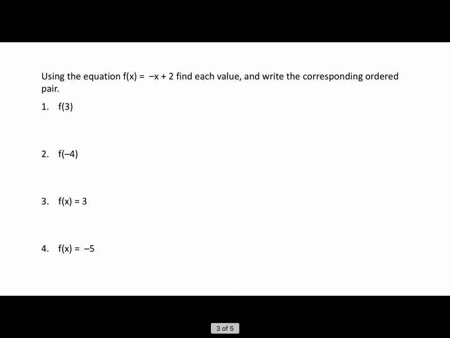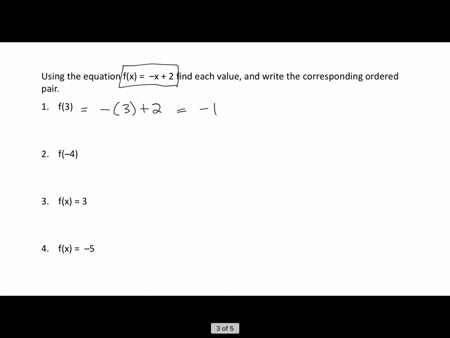If we were to use the equation f of x equals negative x plus 2 to find the values here, then we're going to write the corresponding ordered pair. So f of 3 means we put 3 in for x. So negative 3 plus 2, and negative 3 plus 2 is negative 1.